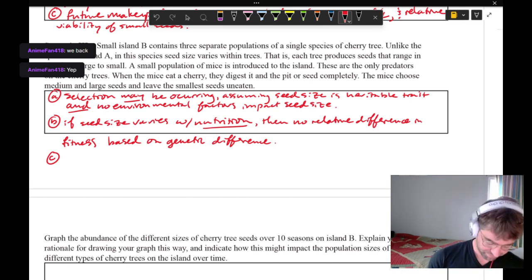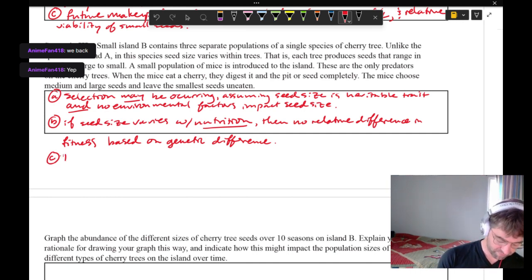And finally, what are future generations going to look like? And again, if there's no selection based on heritable differences here, then the population should remain relatively stable, even though the mice prefer those medium and large seeds, right?